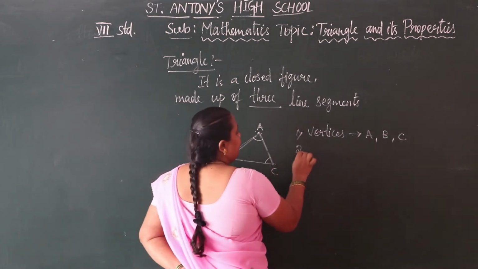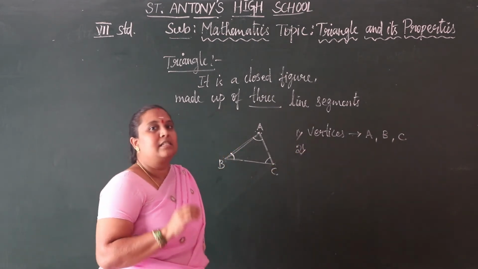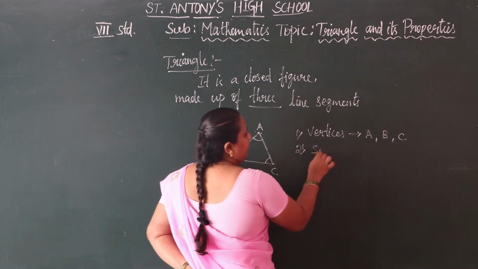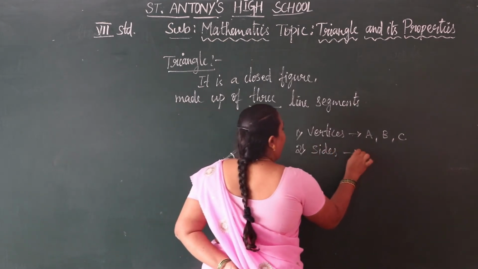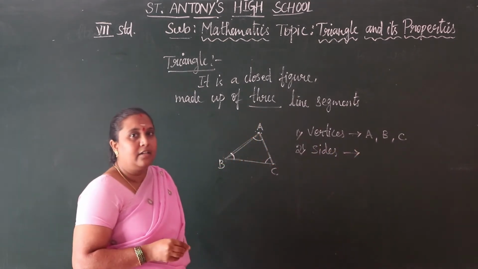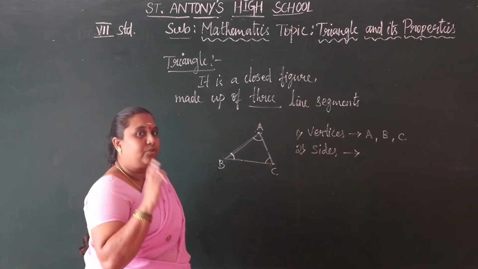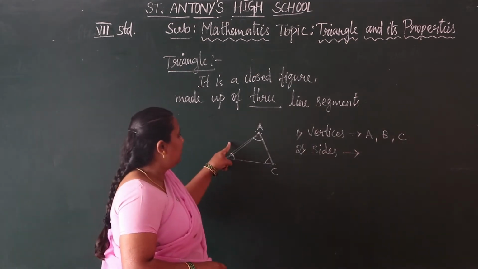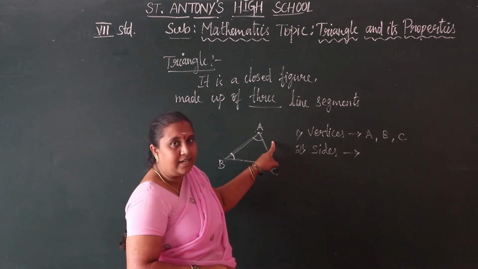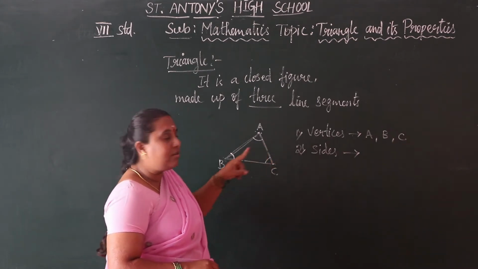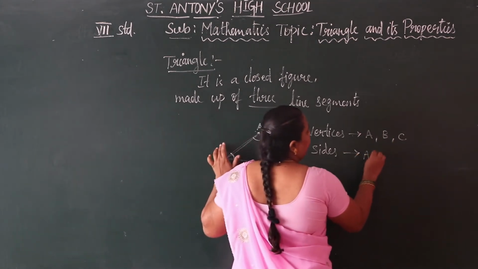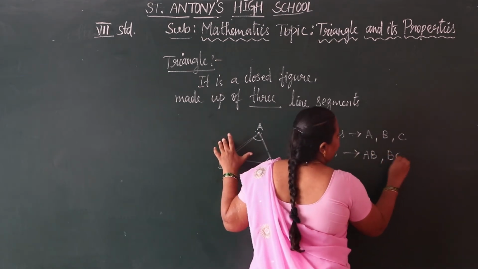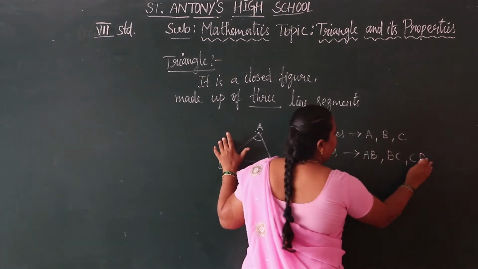The another part of a triangle is sides. Here there are three sides, 1, 2 and 3. What are those? AB, BC and CA.